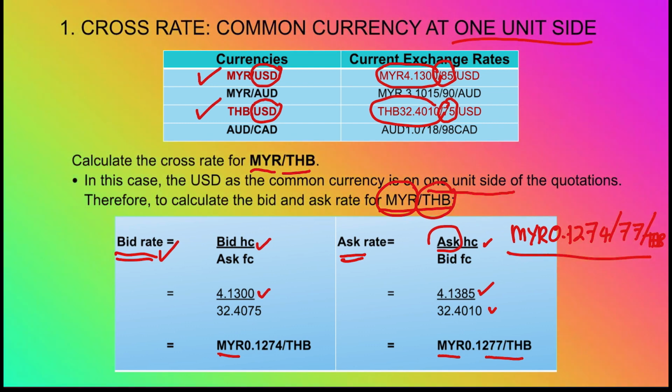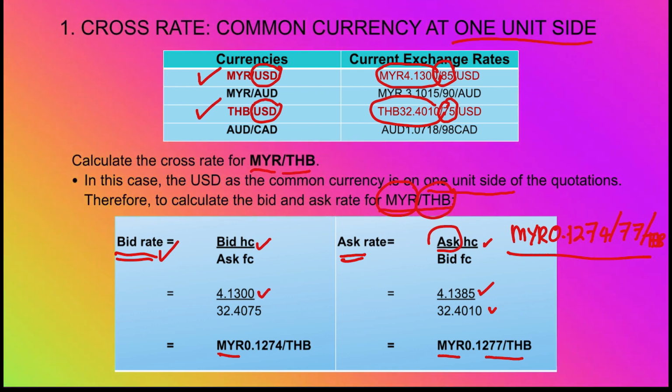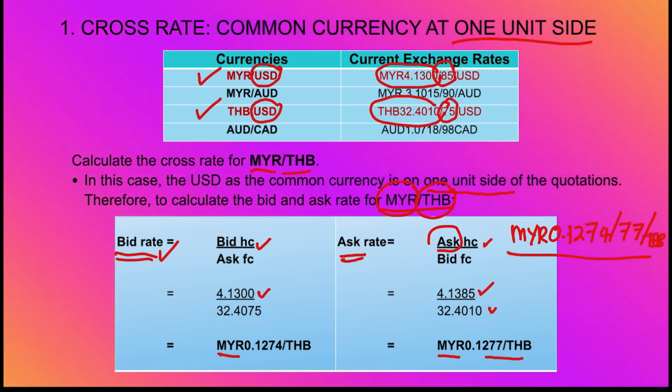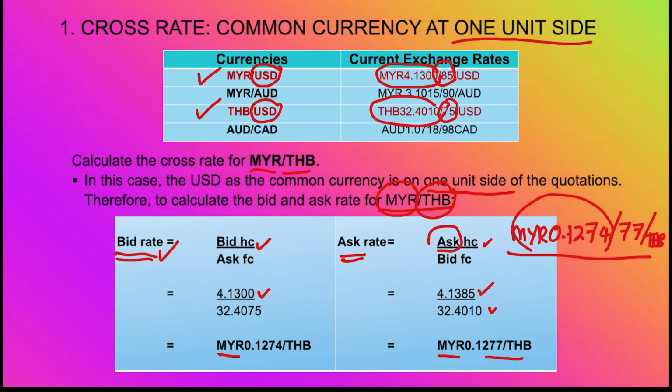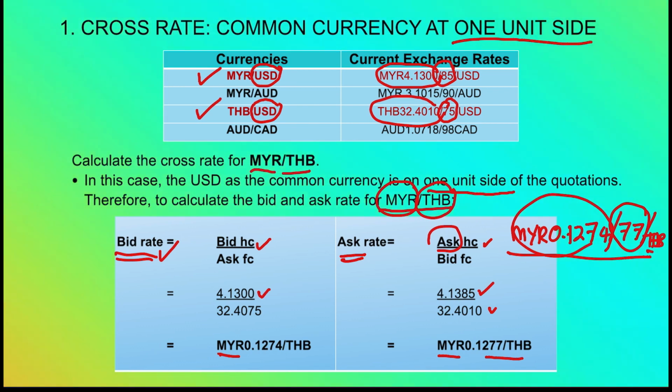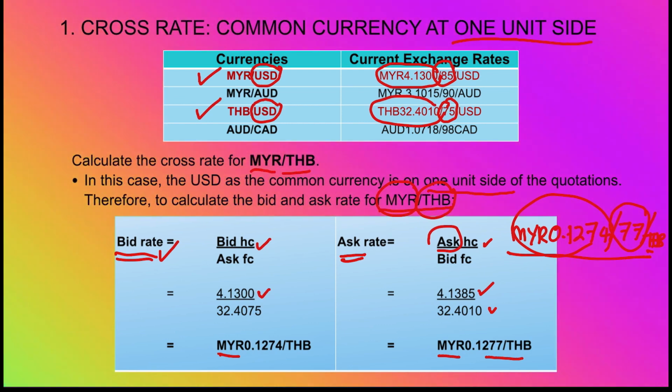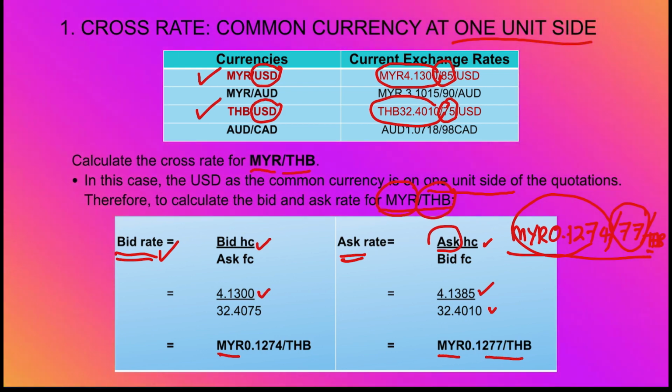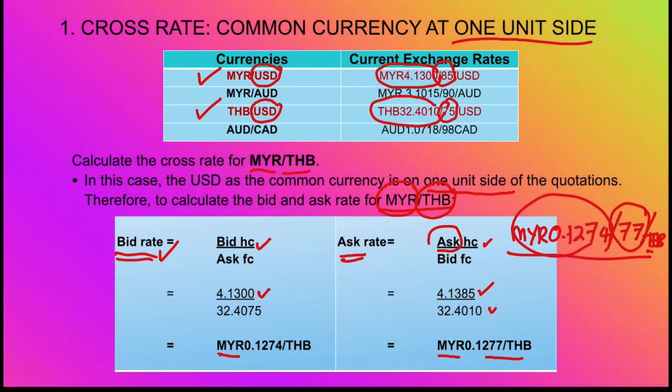This is how we quote it: the first one is the bid rate and then the ask rate per Thai Baht, the foreign currency. Do you understand how to get the cross rate by using common currency at one unit side?